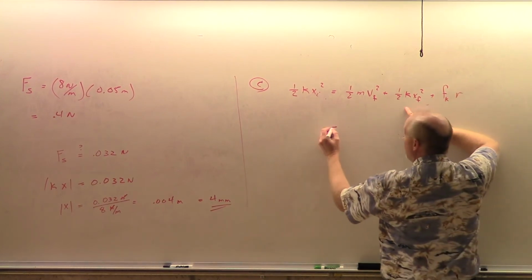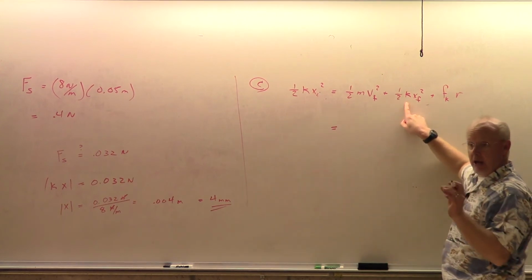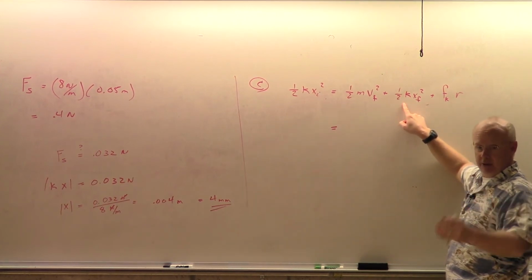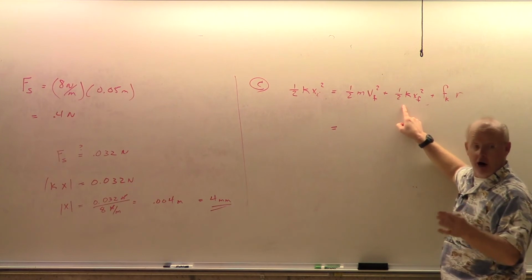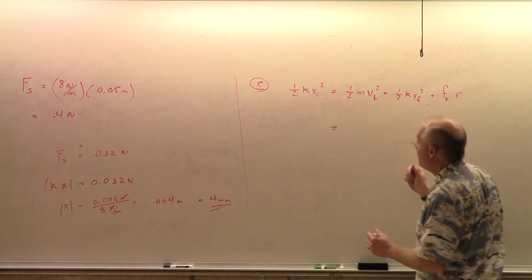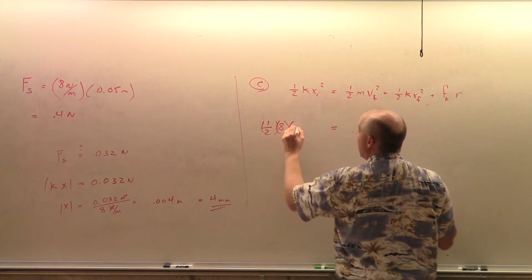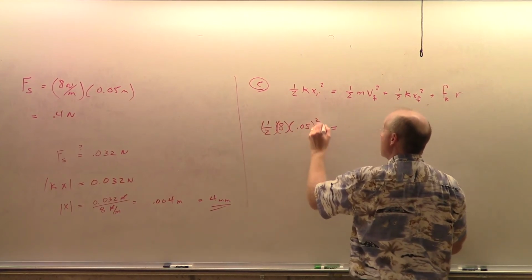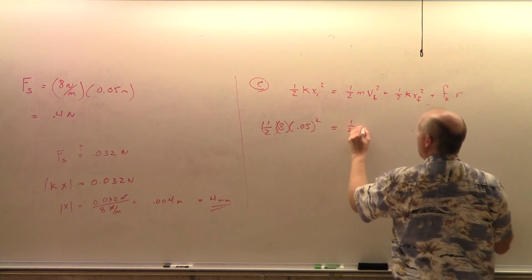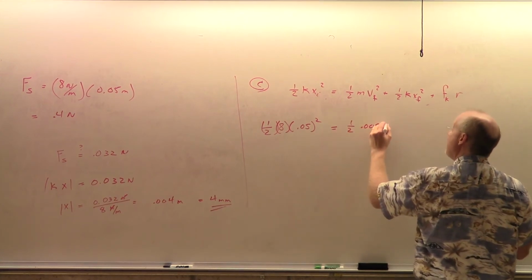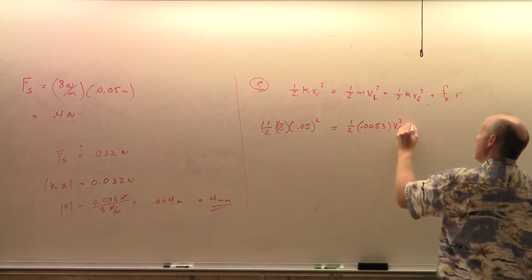And notice I put an equation here for the energy of the spring because we are not back to equilibrium. Although we're not far, so this number is kind of small. As we put this number in, this is the 1/2 times the 8 times the 0.05 squared. This is the 1/2 times the 0.0053 final speed squared.